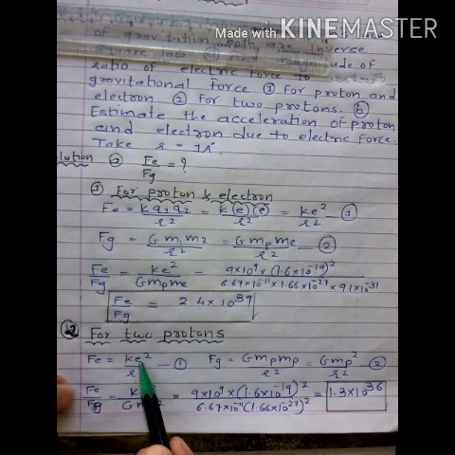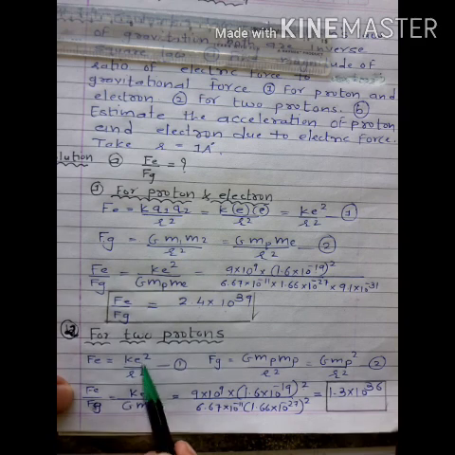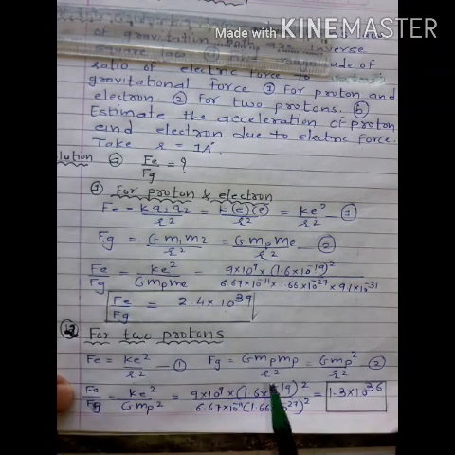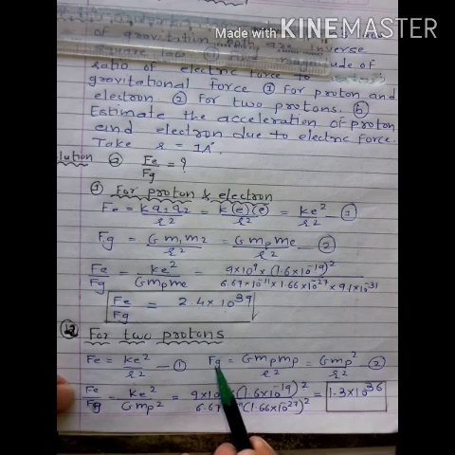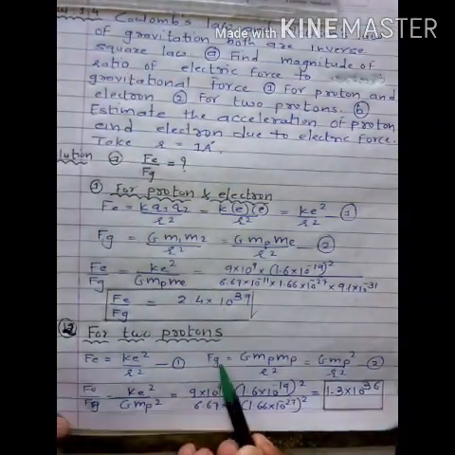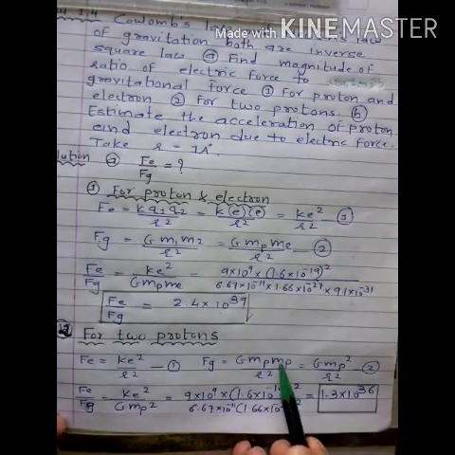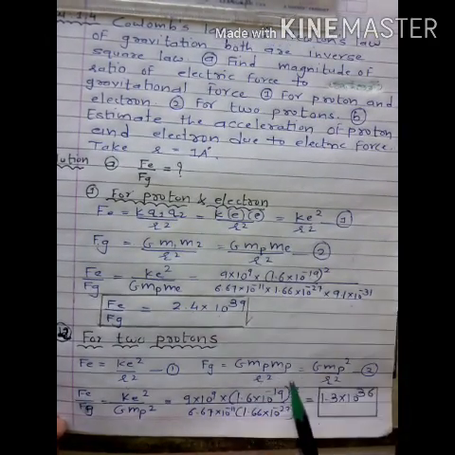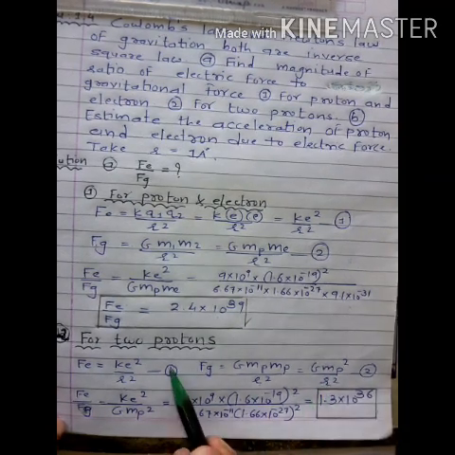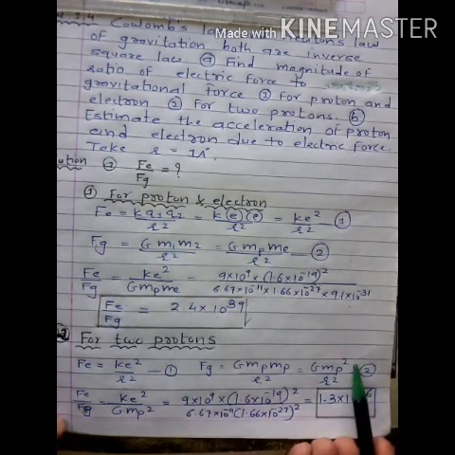Here we consider the charges of the two protons, Q1 and Q2, both equal to e. So here we have Fe is equal to K e square upon R square. Gravitational force between two protons is given by G mp into mp upon R square. It means G mp square upon R square. This is our first equation. This is our second equation.